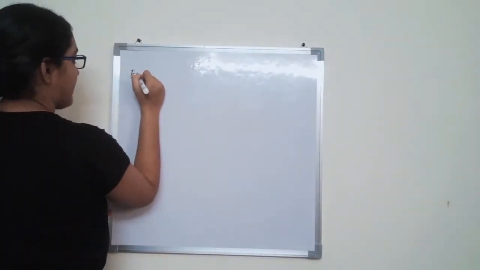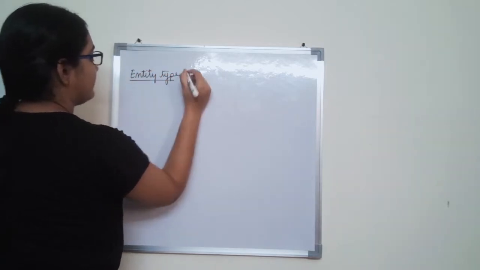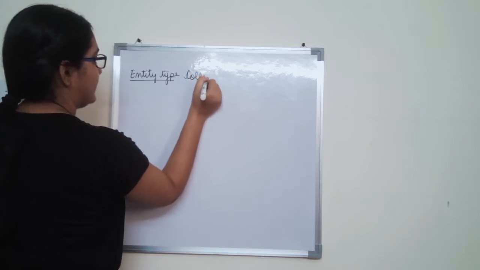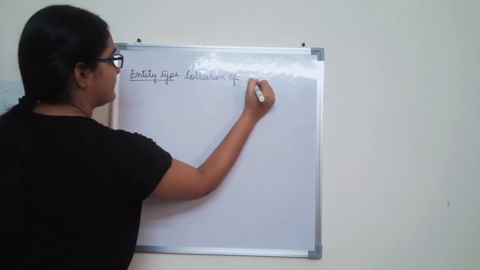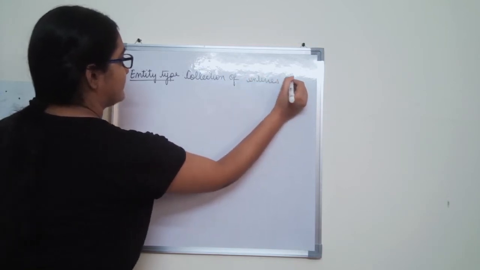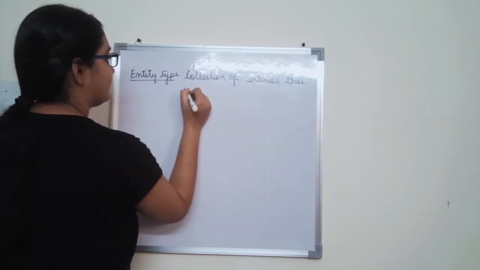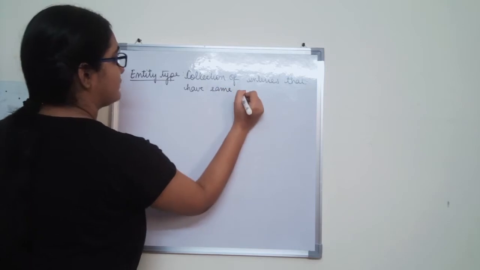Let me write it. Entity type: collection of entities that have same attributes.